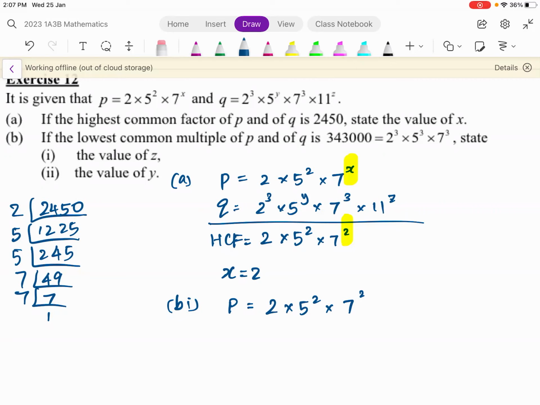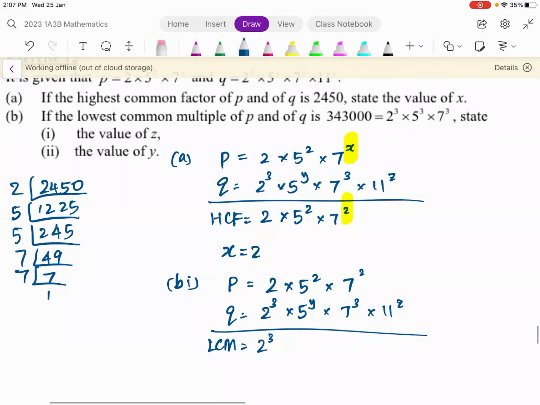And Q is 2 to the power 3, 5 power Y, 7 power 3, 11 power Z. They tell us that the LCM is 2 power 3, 5 power 3, 7 power 3.